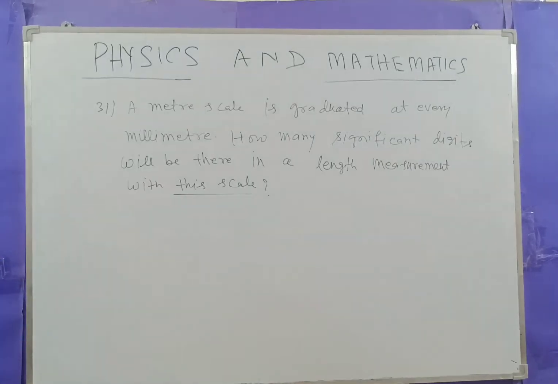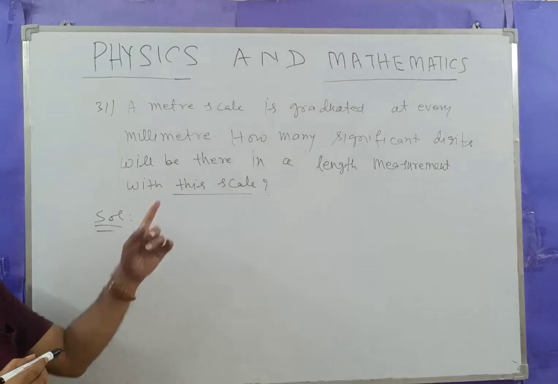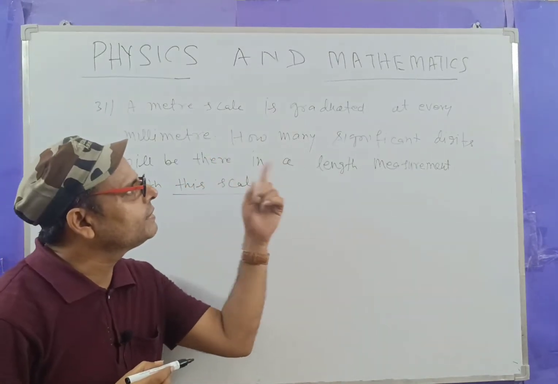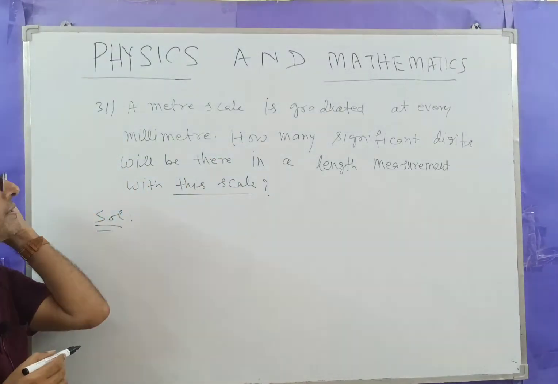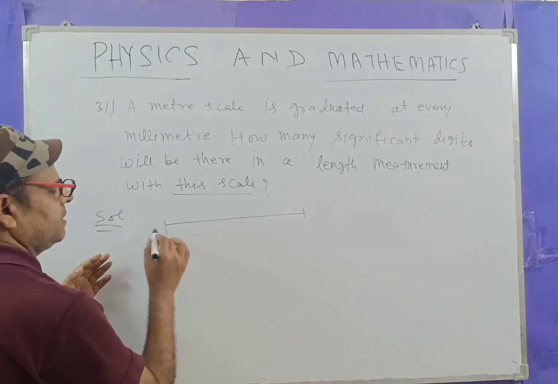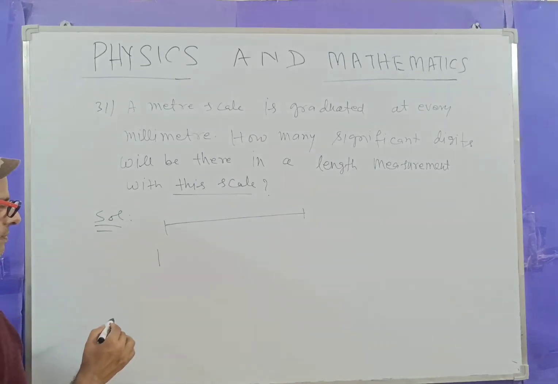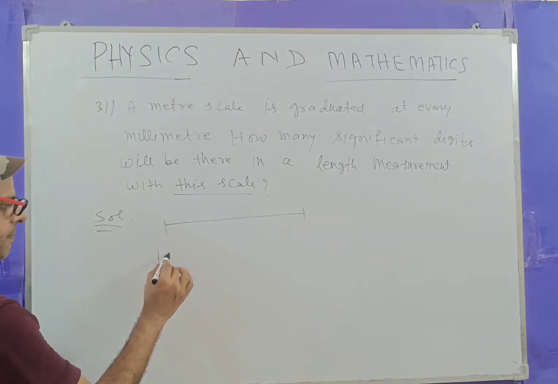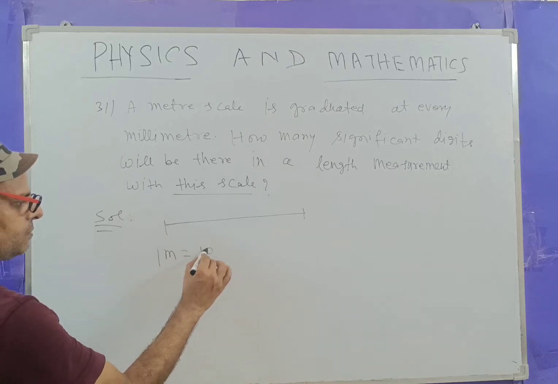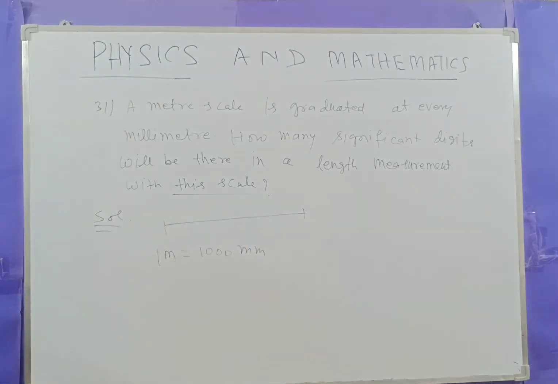Okay, solution. A meter scale is graduated at every millimeter. 1 meter is equal to 1000 millimeters. You know it very well.